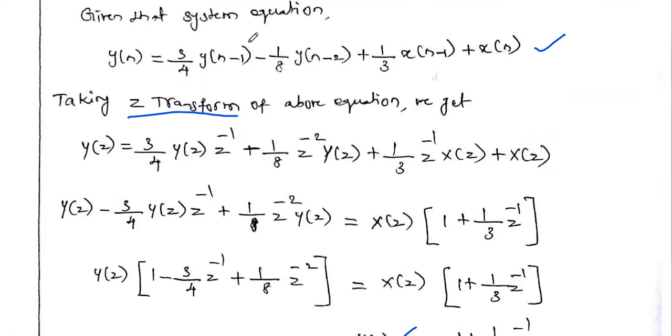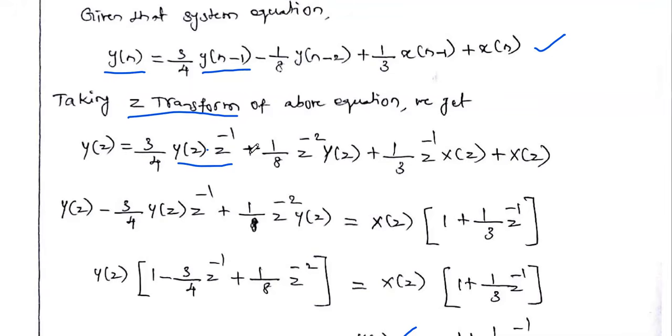Taking the z transform of the given system equation, what is the z transform of y of n? It's capital Y of z, which is equal to 3 by 4 into the z transform of y of n minus 1. Already you know the time shifting property of the z transform, which we discussed in signals and systems. According to that property, the z transform of y of n minus 1 is z power minus 1 multiplied with Y of z.